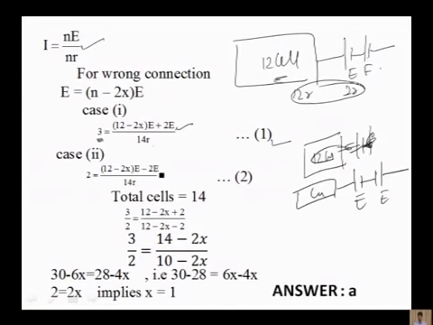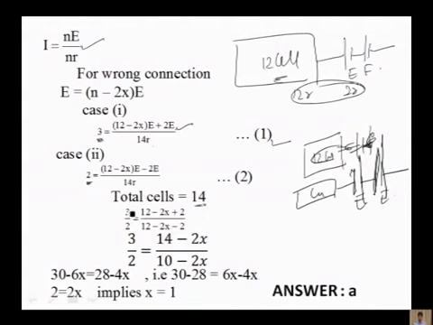Wrongly connected means negative terminal to negative terminal, like this. Then the effective equation is this, because the current in this case is equal to 2 ampere, that is (12 minus 2x) E minus 2E divided by 12R. Total cells is equal to this much.